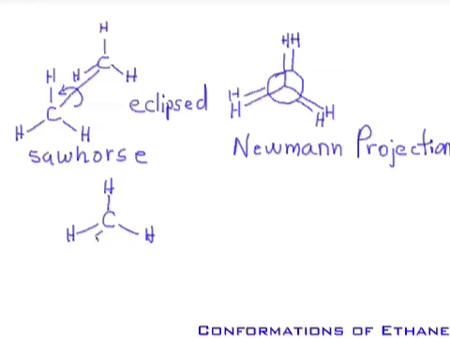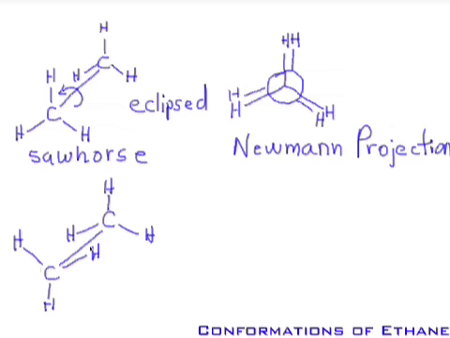And if we do rotate around the sigma bond, we can draw a sawhorse that will represent its hydrogens such that they don't line up.